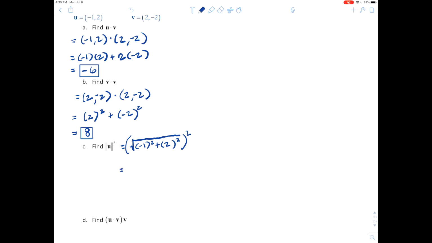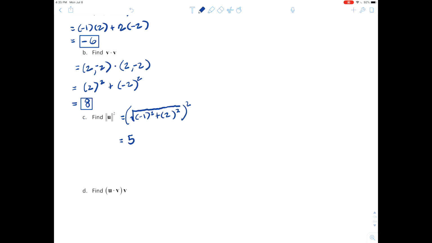So that'll just be negative 1 squared is 1, so we'll end up with just 5. So the magnitude would have been root 5, but if you square it, what happens? Well, it's looking like u dot u is equal to the magnitude of u squared, right? From our last couple problems.